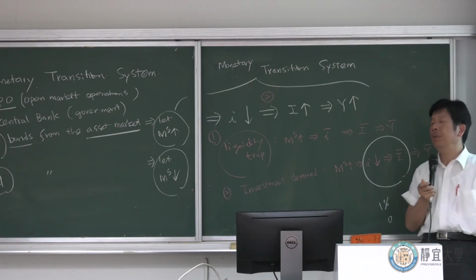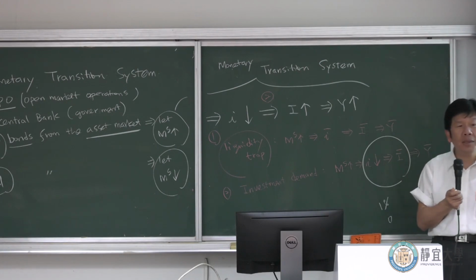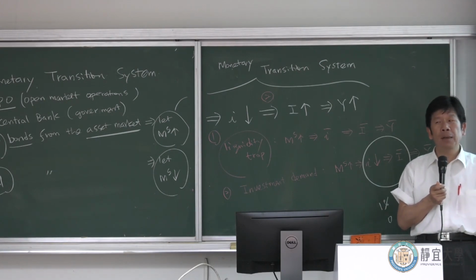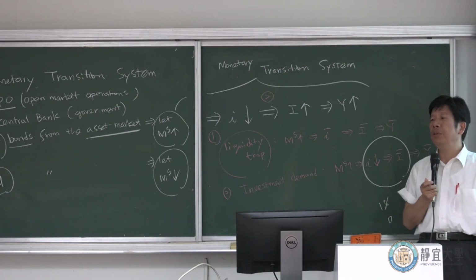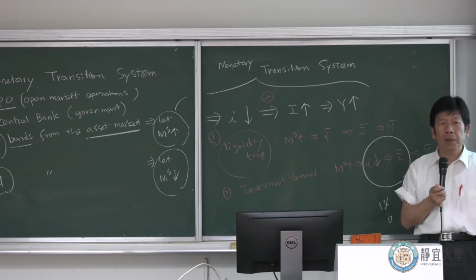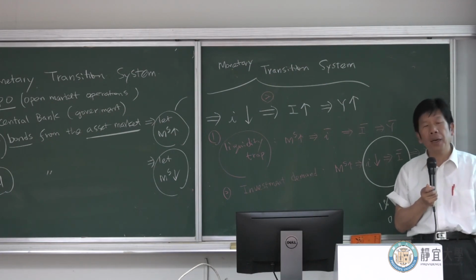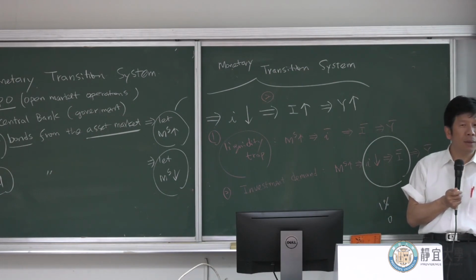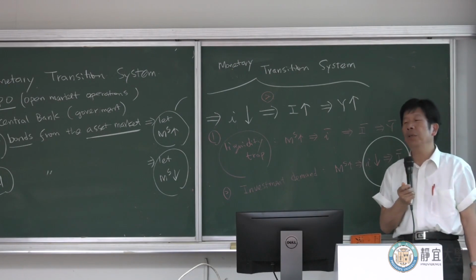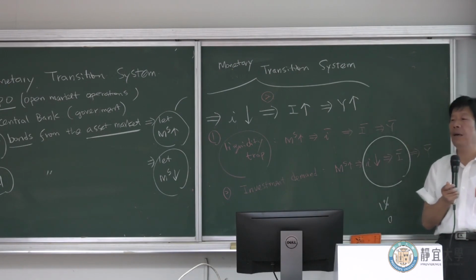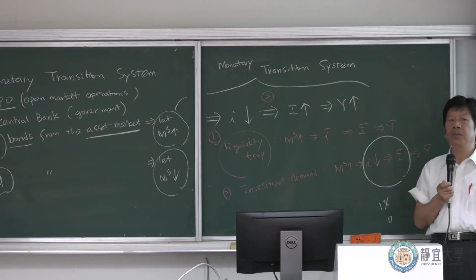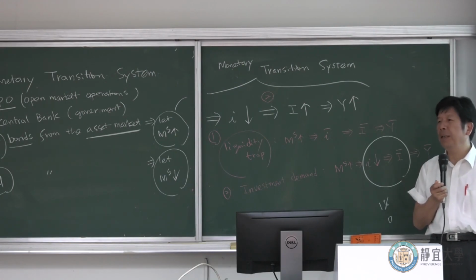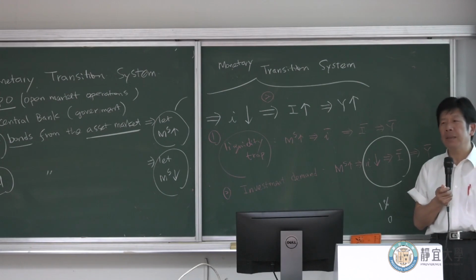So if you do savings in the banking system, maybe you get no interest. And after that, you also need to pay some fees to the bank. Because if you keep the money in the house, maybe it is dangerous, and you prefer to put your money in the central bank, in the banking system.